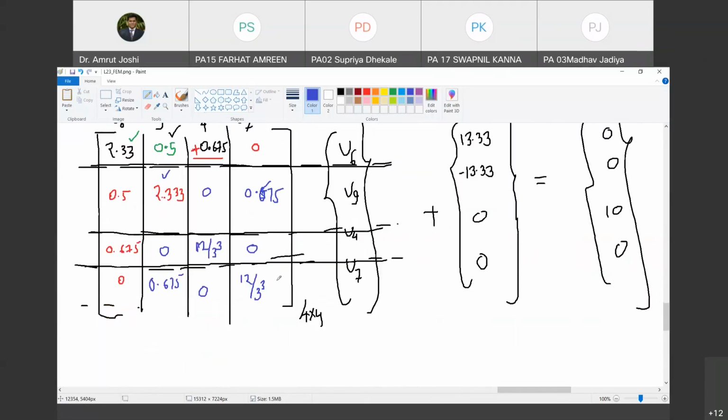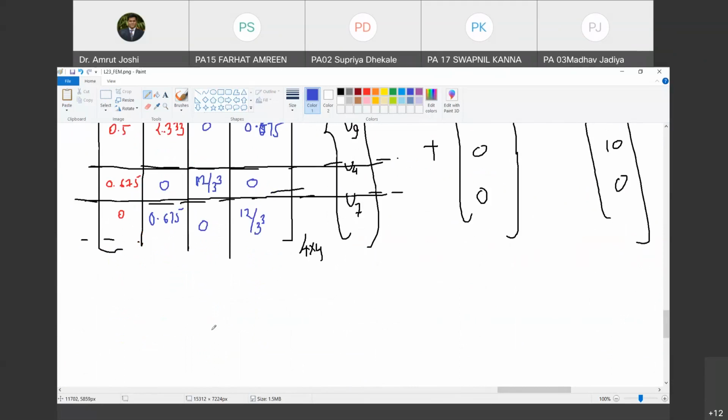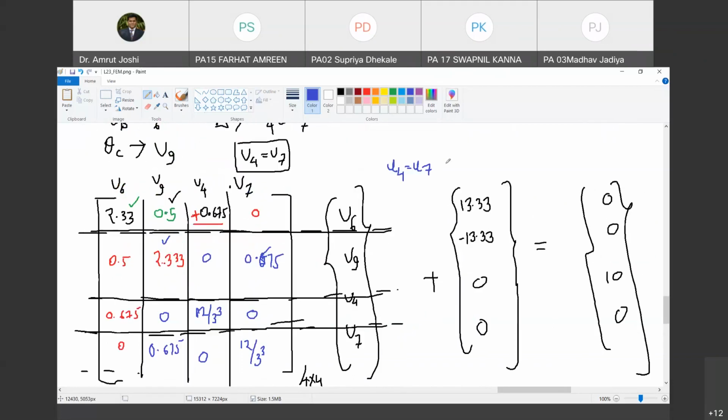So what I'm going to do is expand the last two rows. If I expand the last two rows, see what we get: 0.675 u6 plus 0 u9 plus 12 upon 3 cube u4, but u4 is equal to u7.